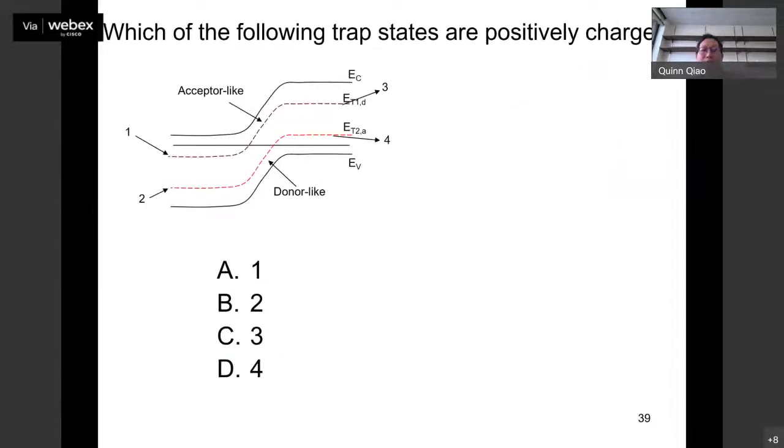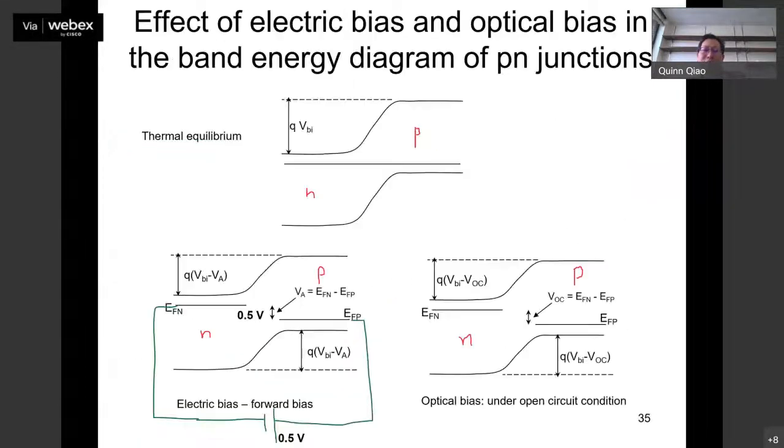Whenever you add the bias, you add the electric field, right? Look at this. This is a PN junction, right? When you add the bias, you add the electric field. So you basically push this EFN up, and the electric field inside will be generated by this bias.